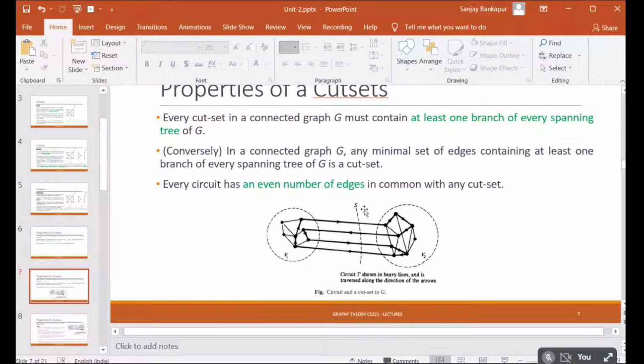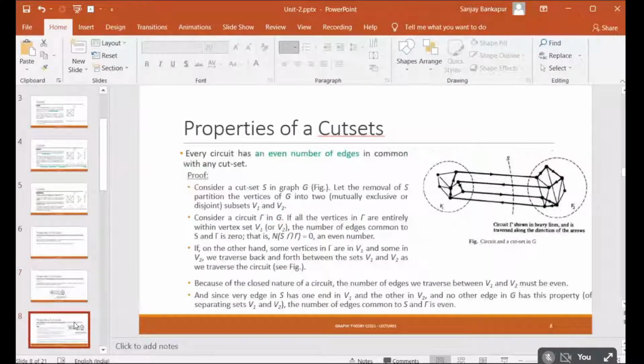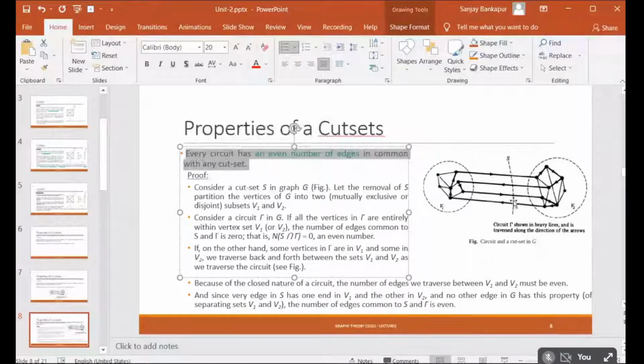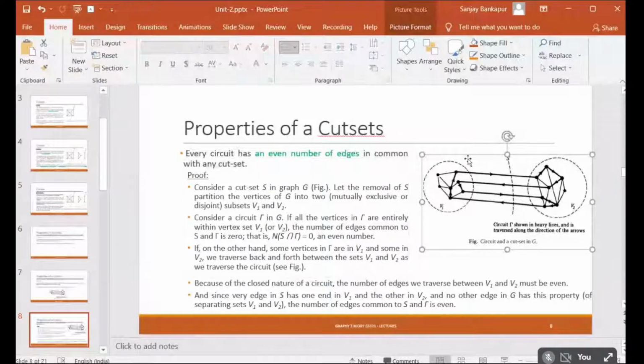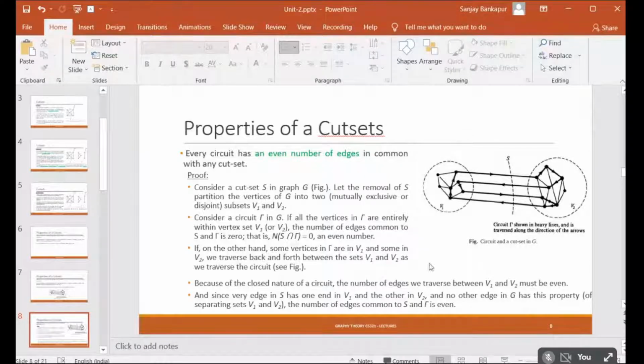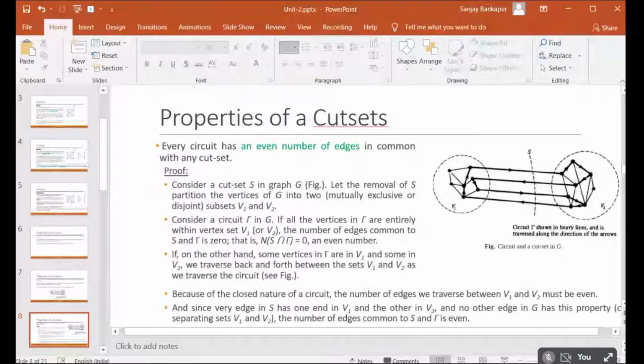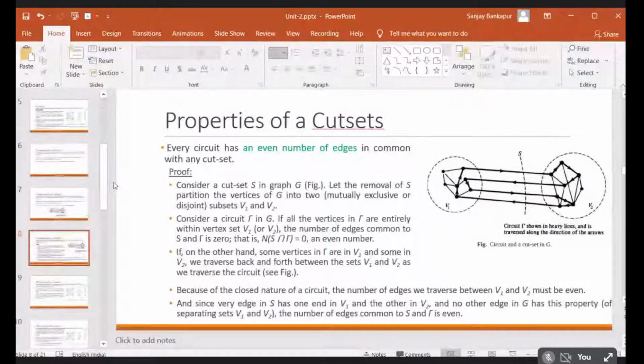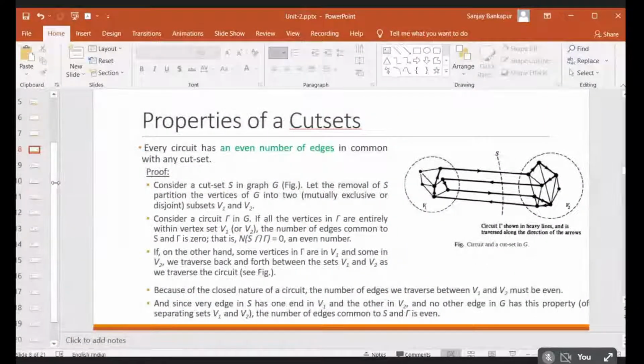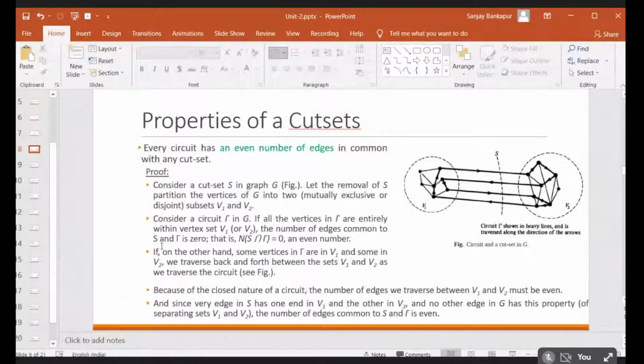So for any cut set and that given circuit, the number of common edges is even. We'll see this with the proof. This is the same theorem I have stated here, with the same example.